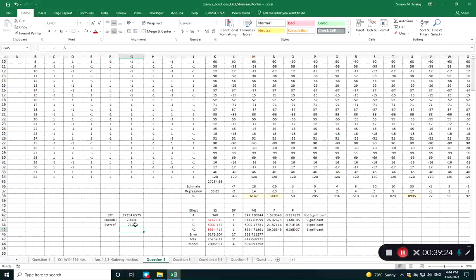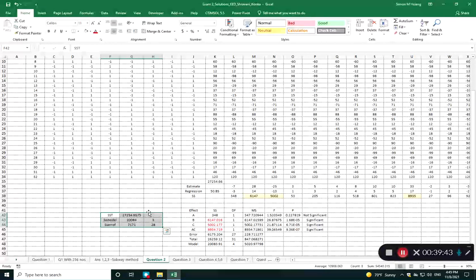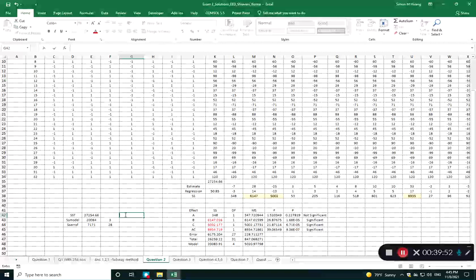Okay? And then, of course, you know that this should be about 3 degrees of freedom. Well, if I don't talk about this A term, I'm just saying when I play with it. And then here should be 31 minus 3, 28 degrees of freedom. If I'm just playing simple here, can I have my MS?